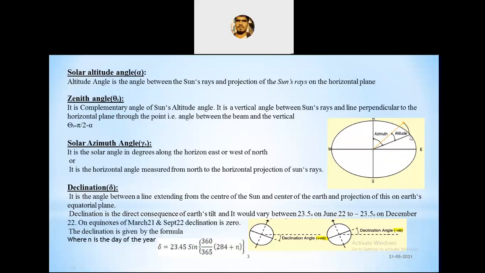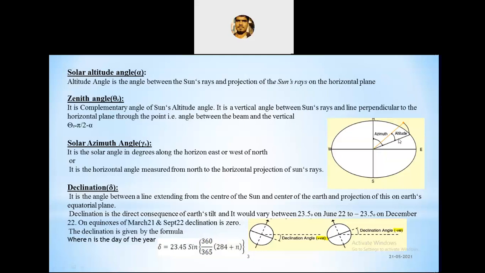This altitude angle is the angle between the sun rays reaching the earth's center and the horizontal plane, that is, the projection of those sun rays. That angle is called alpha. We can call it the solar angle or altitude angle.